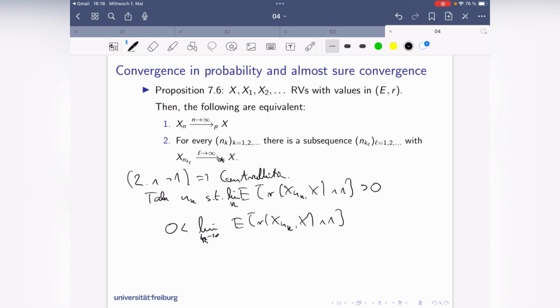On the other hand, we have another subsequence such that X_n goes to X, which means along the subsequence this here converges to 0.